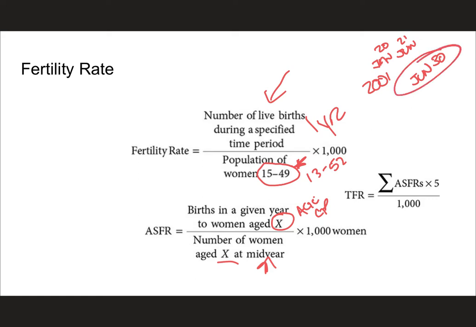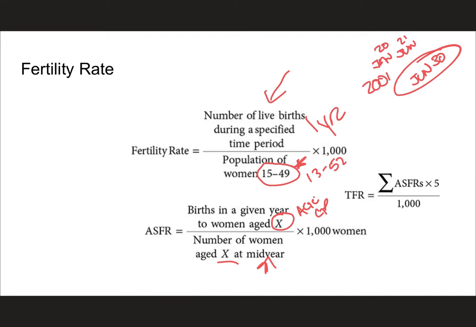And then you have the total fertility rate, which is the age-specific fertility rates times 5 in 5-year age bands from 15 to 49 divided by 1,000. Okay, and that just kind of breaks it down for women.